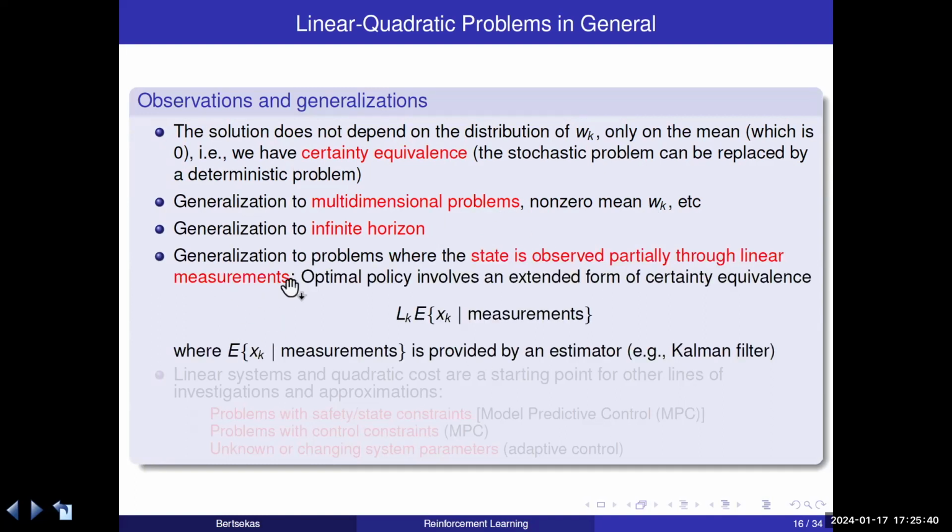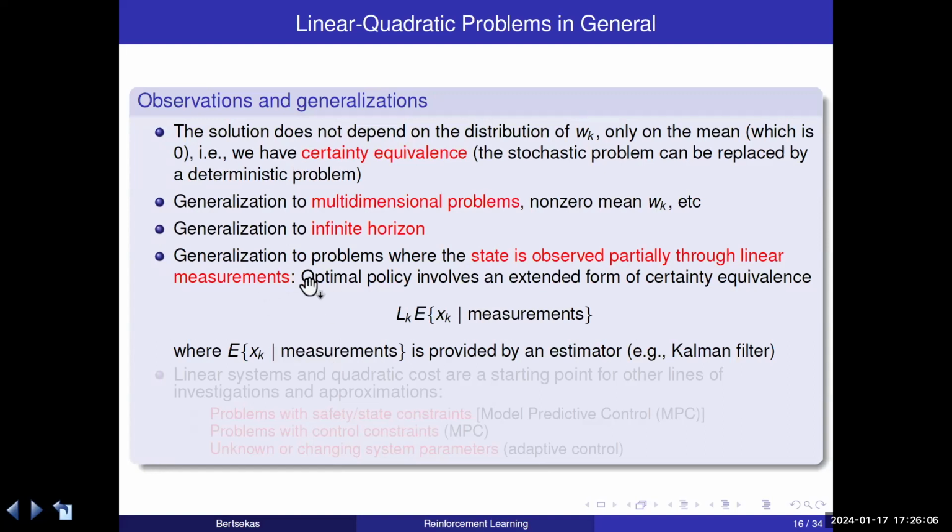There's also a more sweeping generalization to problems where the state is not known to the controller exactly at time k, but instead you obtain only some measurements, linear measurements of the state. And you accumulate those measurements and you can infer somewhat inexactly where the state is.